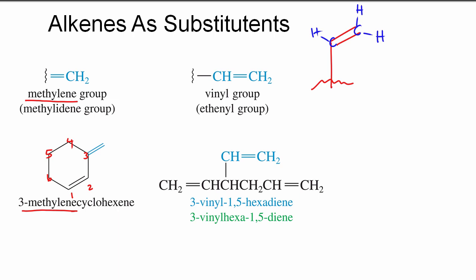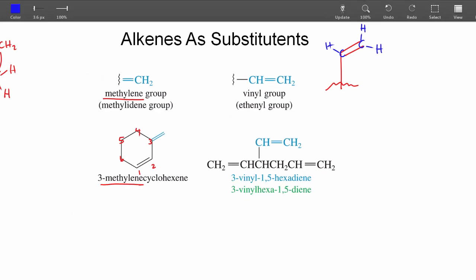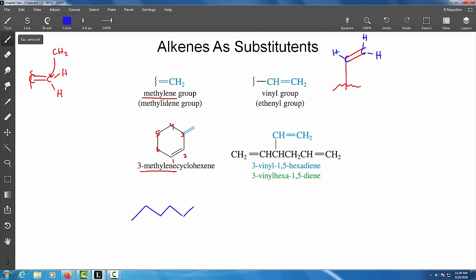Now, we see these examples here. And one point I want to make, in order to have a methylene group and, for the most part, to have a vinyl group, we must first have a carbon-carbon chain that already contains double bonds, because something like this is not considered to be a methylene group.